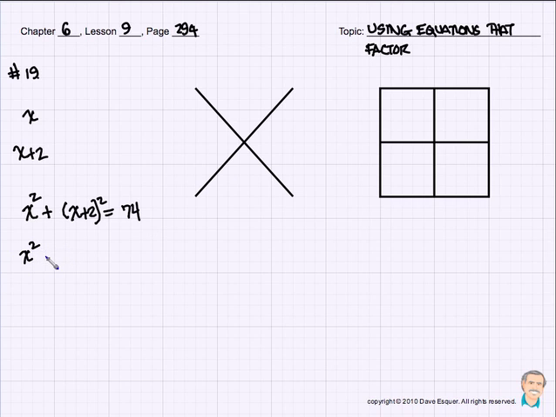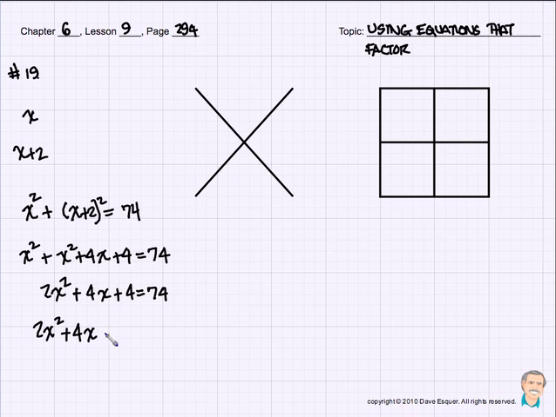Okay, well then let's do some multiplication. x squared plus, and let's FOIL this, x plus 2. That comes out to x squared plus 4x plus 4 has to be equal to 74. Combining like terms on the left side, we have 2x squared plus 4x plus 4 is equal to 74. If we subtract 74 from both sides, we end up with 2x squared plus 4x plus 4 minus 74 is equal to 0.